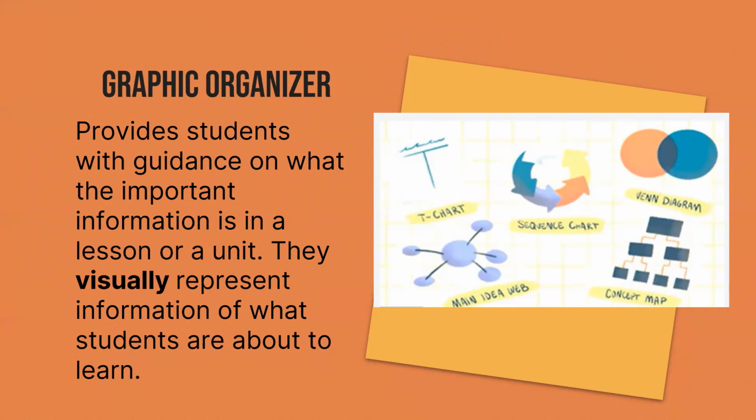You have these visuals that represent information of what students are about to learn. And when you have this graphic organizer, it is easy to see the relationship of what is important and the relationship between concepts and ideas.